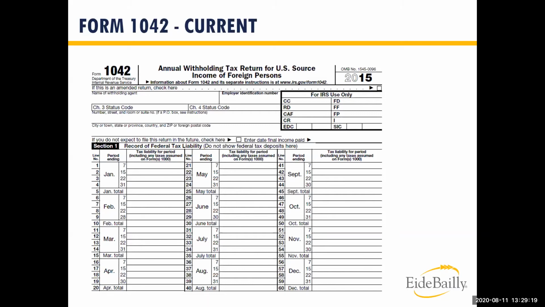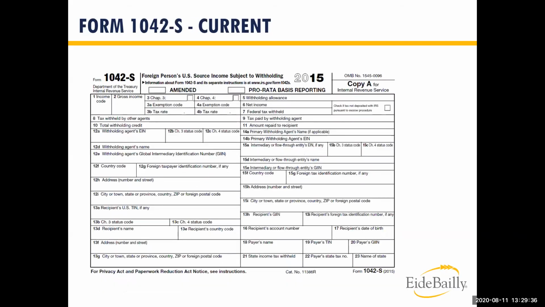The 1042 is the annual form that's filed after the end of the year. I believe the due date is in February at the moment. You would report each of the payments made during each month as shown.